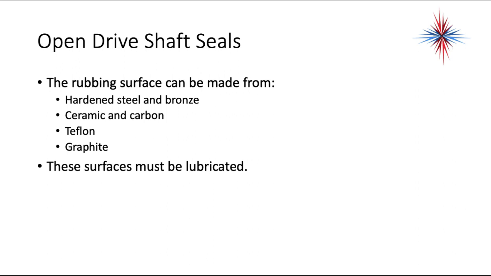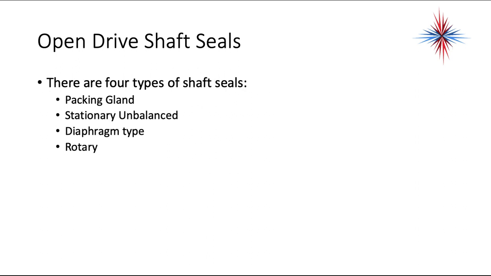The rubbing surface can be made from hardened steel or bronze, ceramic and carbon, Teflon, graphite. And these surfaces have to be lubricated, because they are rubbing together at a high speed and they will create friction. There are four types of shaft seals used: packing gland, stationary unbalanced, diaphragm type, or rotary.